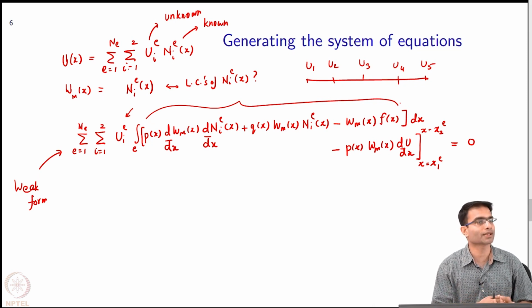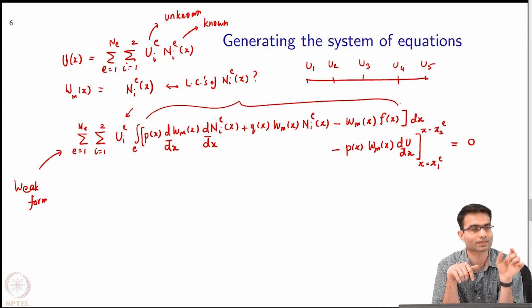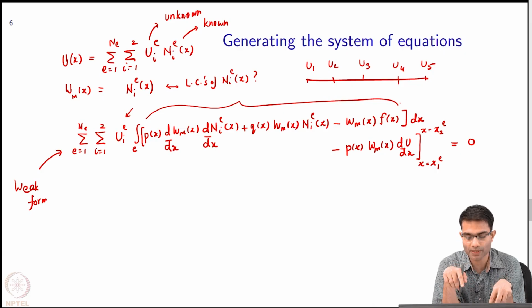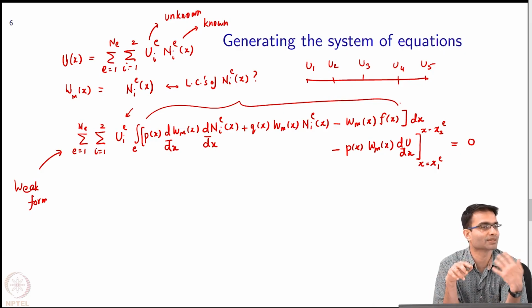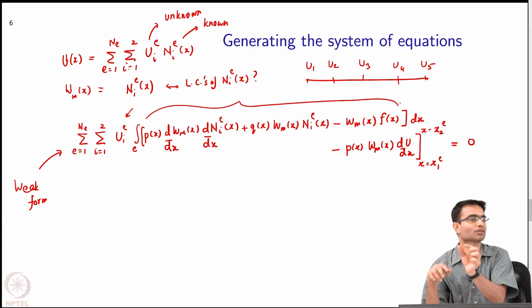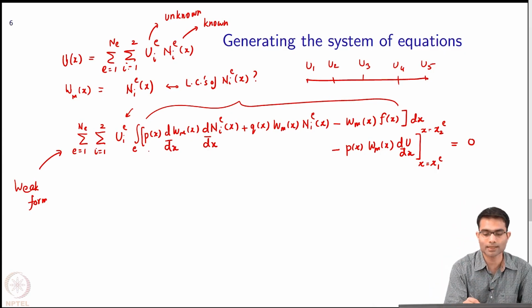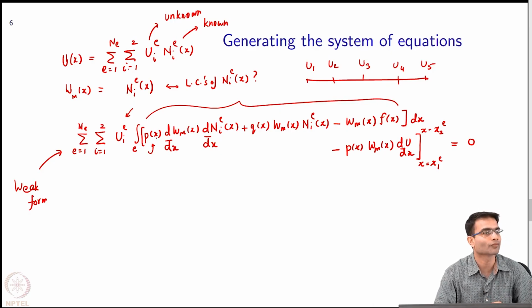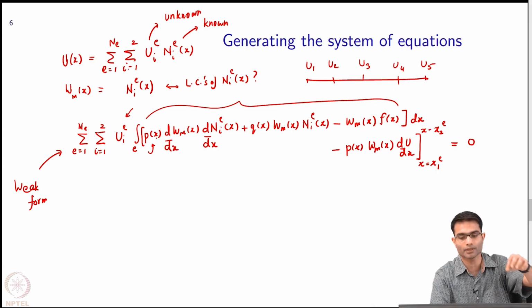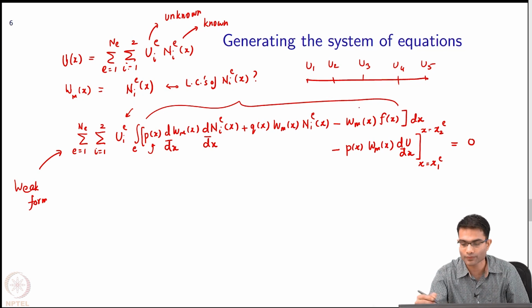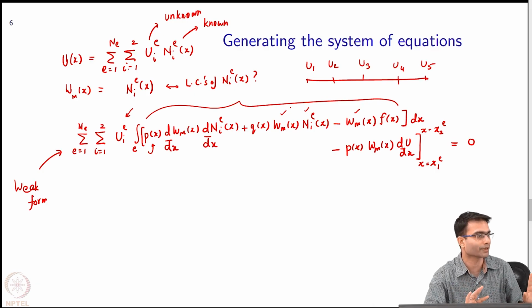So another common trick that is done is, because this discretization is going to be chosen to be fine, you can in fact substitute P, Q and F in terms of a pulse basis function. So you can assume them to be piecewise constant in each segment. So then these guys also just become numbers. For each segment, you just put in the value at the midpoint of P, Q and F. So all you're left with is a polynomial to integrate. Over here, the last term will be a linear term. This is a linear term, multiplied by this will be quadratic, right? So basically all polynomial terms, it's trivial to integrate them.